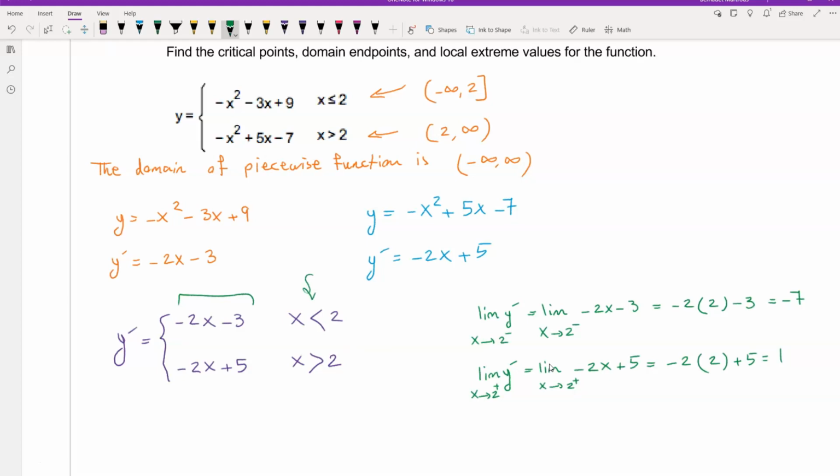The limit of y prime as x approaches 2 from the right, using negative 2x plus 5 for when x is greater than 2, is 1. So we don't have the same answer: we have negative 7 and positive 1. What this means is y prime is undefined at x equal to 2. Therefore, the critical point where y prime is undefined is at x equal to 2.